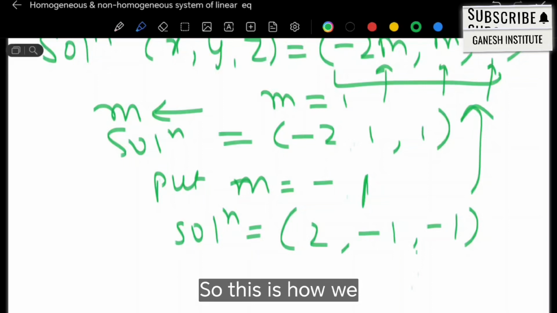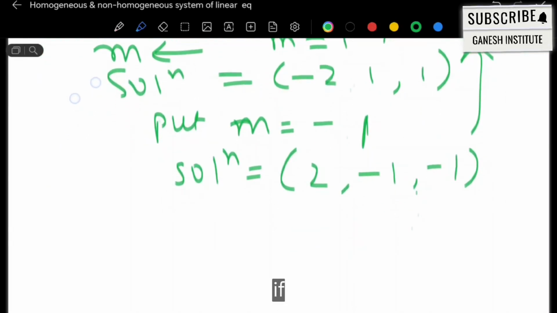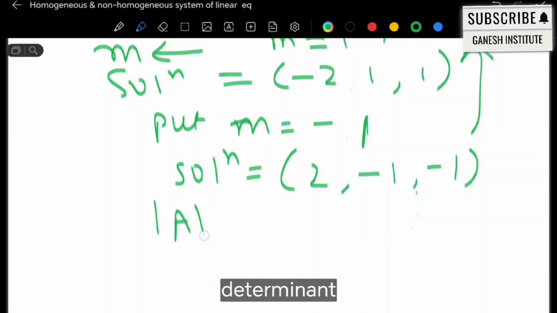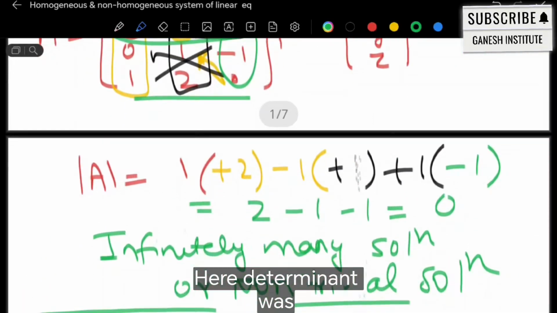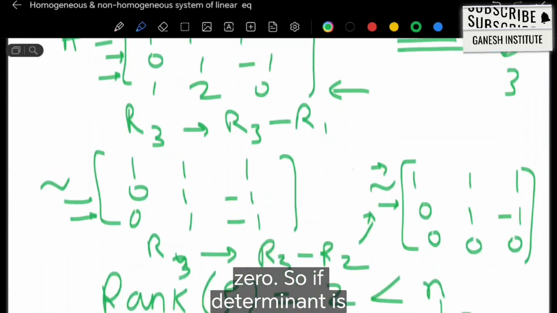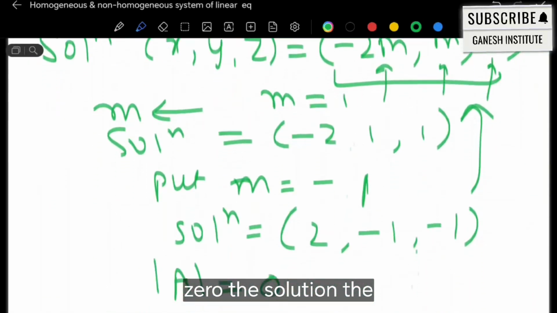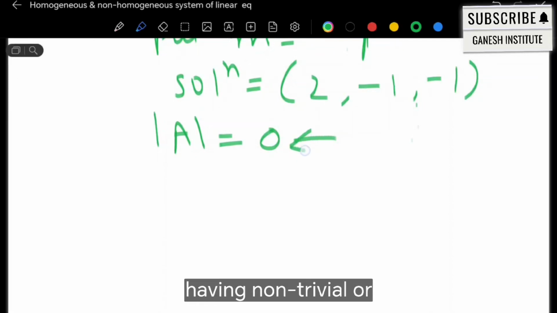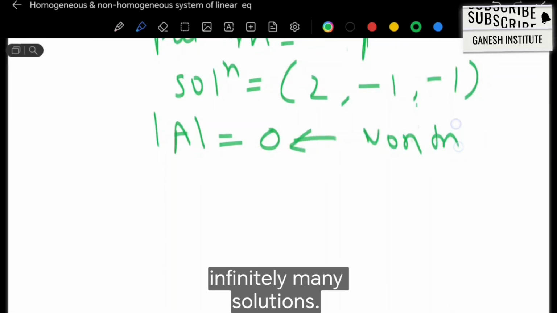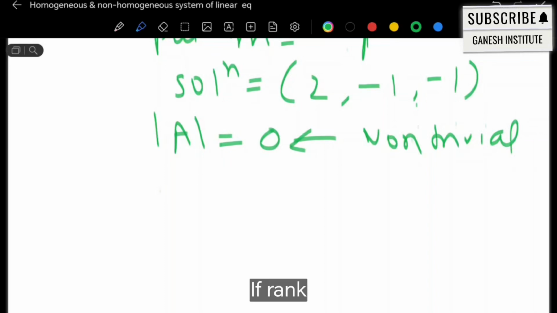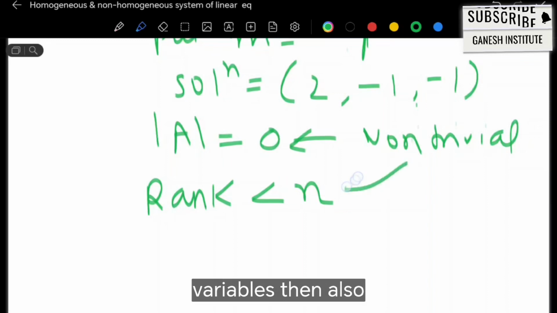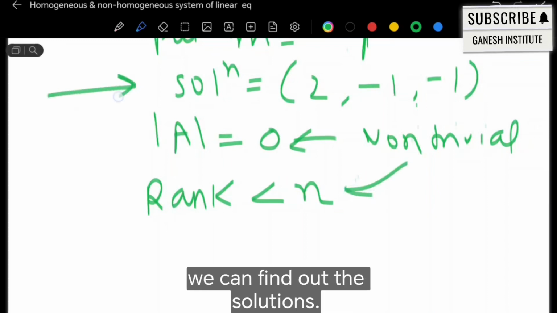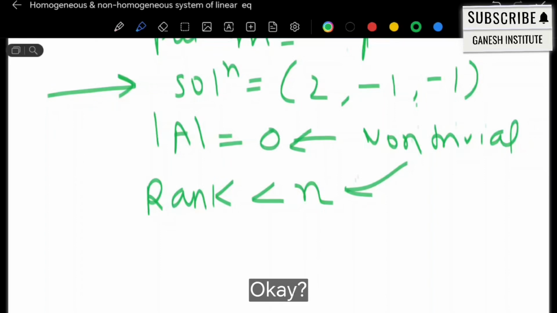So this is how we can say that if determinant is 0, the system of homogeneous equations is having non-trivial or infinitely many solutions. If rank is less than the number of variables, then also non-trivial solutions, and this is how we can find out the solutions. Okay.